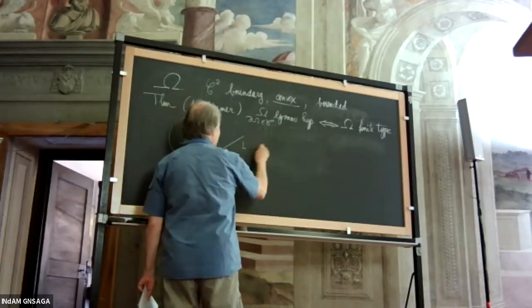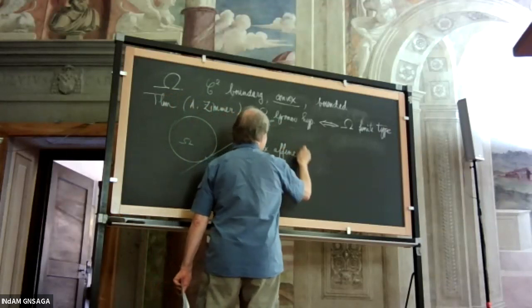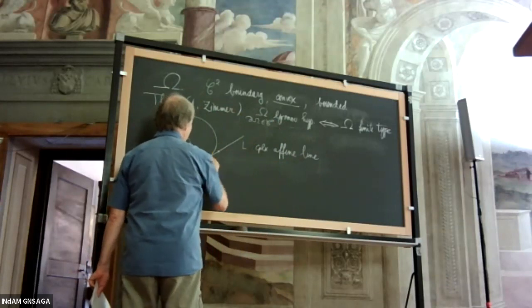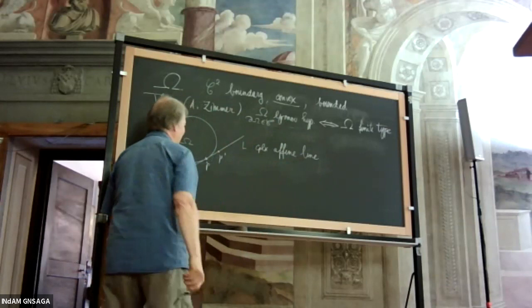You take L, a complex affine line, tangent here at P, and you take the point P prime on the line.